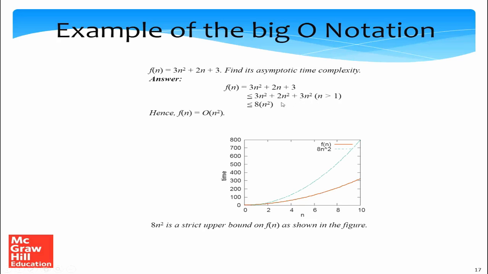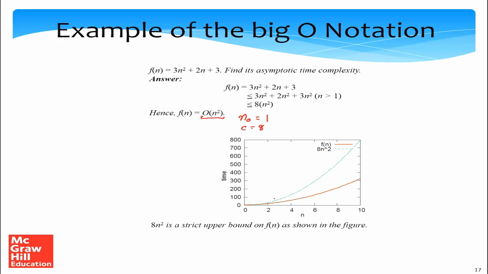So if I sum up all of these terms, f(n) is less than or equal to 8n square. So what can be said is that f(n) is actually order of n square, where the constant n0 is equal to 1 and c is equal to 8.